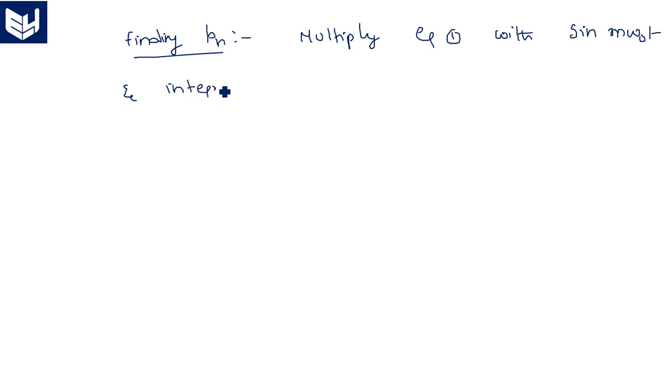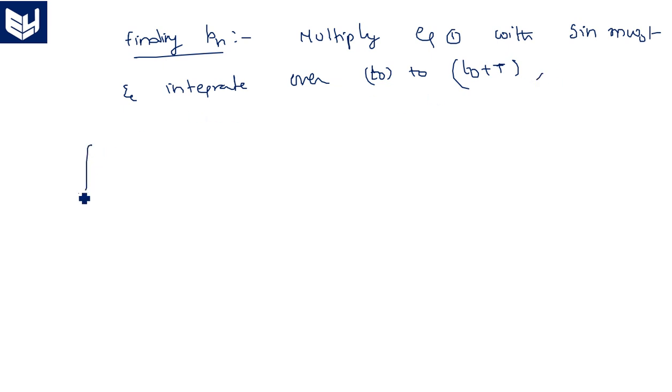So finding bn: multiply equation 1 with sin m omega naught t and integrate over t naught to t naught plus capital T.